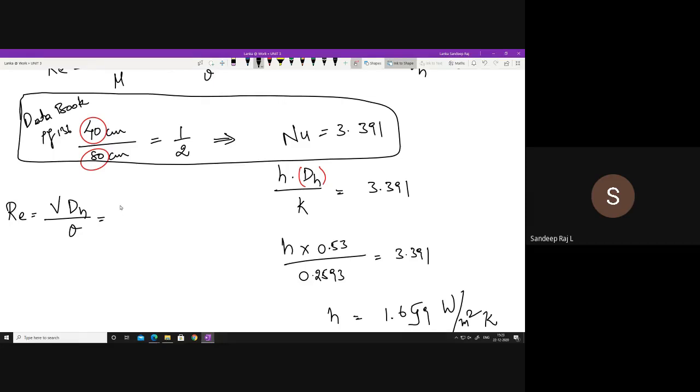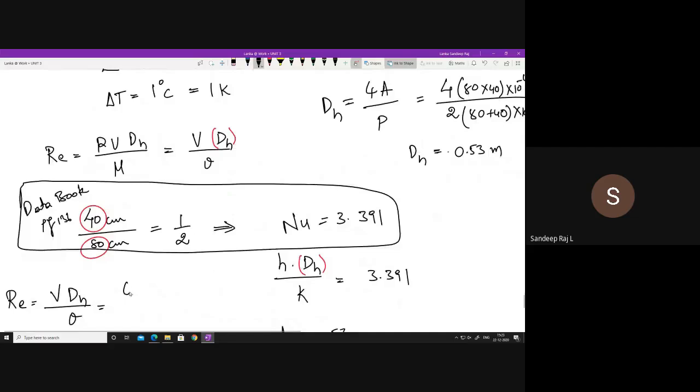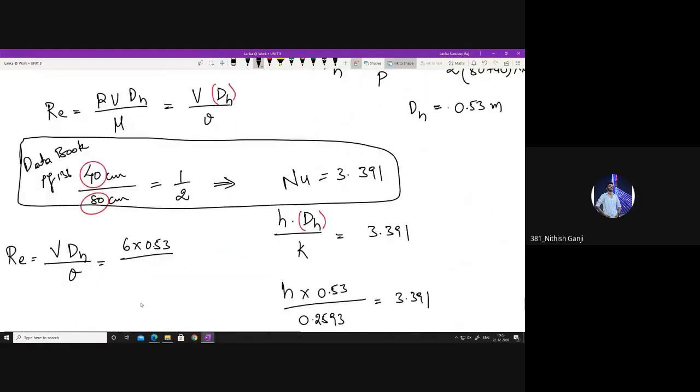V value is given in the question as 6 meters per second. Is this 0.53 correct? Somebody confirm. Fine, then 0.53 divided by 15.06 into 10 to the power of minus 6. RE value, tell me.